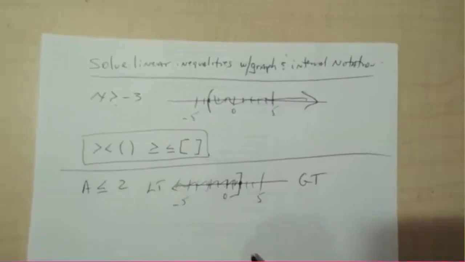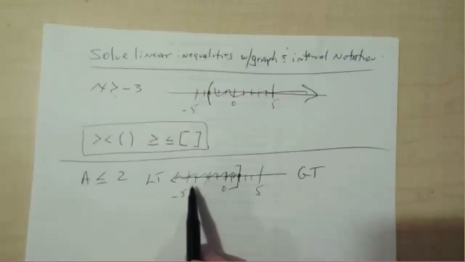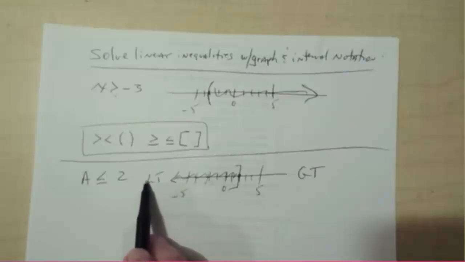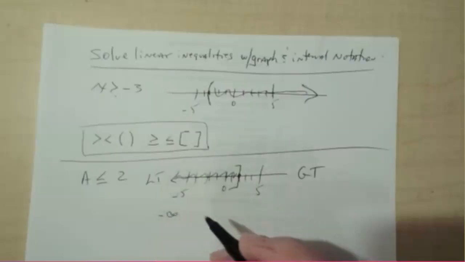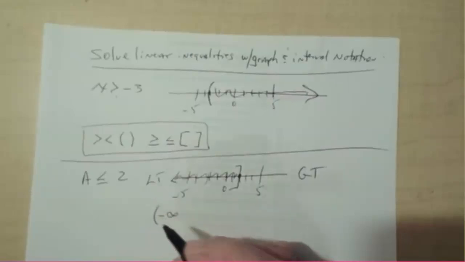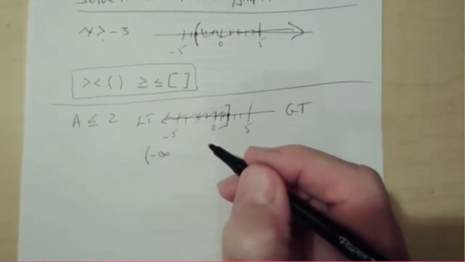Okay, now interval notation just mimics, kind of looks like the same as the graph. What's on the low side? What's the least this number could be? Goes all the way forever, so that's negative infinity. Now, negative infinity does not end, so we use a parenthesis because it doesn't include any number there.